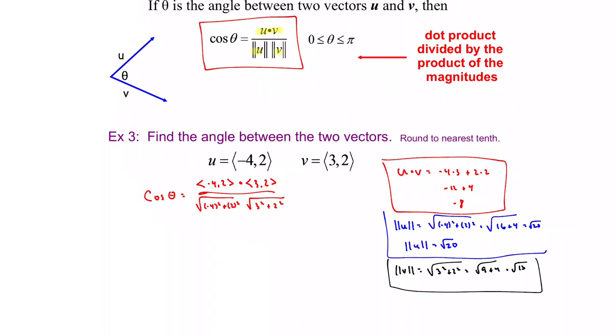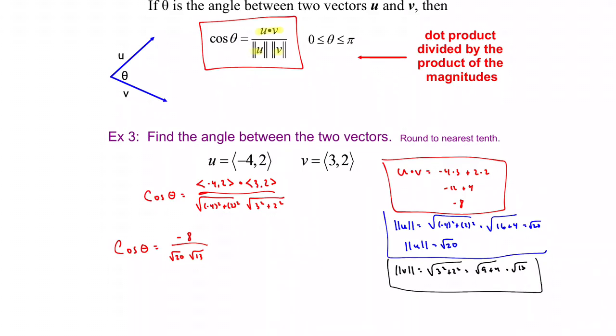So let's go back up to the equation that we're going to use, the formula. So cosine of theta, theta is what we don't know. The dot product was negative 8. The magnitude of u was the square root of 20. And the magnitude of v was the square root of 13. Now, we could simplify this and rationalize it and everything else that we typically do.